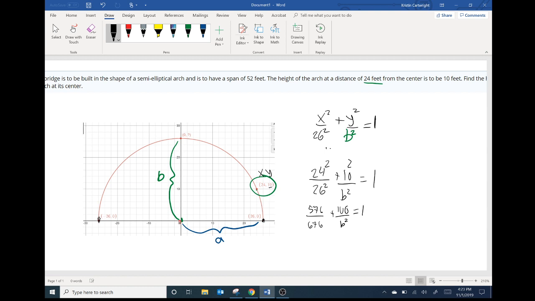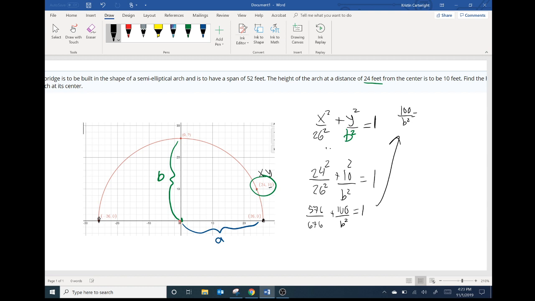I'd probably do that step first, and then slowly move things to the other side and get the b alone. Actually, I'm afraid some students might not know how to do that, so let me just go from here.